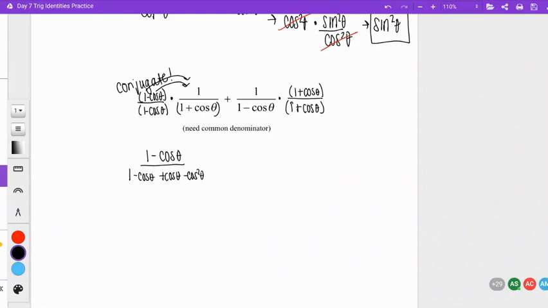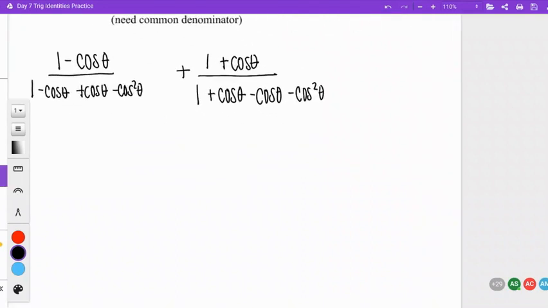That's our first fraction. Plus, we will multiply the top: 1 times 1 is 1, 1 times cosine is cosine. Same thing with the denominator, we will FOIL that out. 1 times 1 is 1, 1 times cosine is cosine, 1 times negative cosine is negative cosine, and negative cosine of theta times cosine of theta is negative cosine squared of theta.